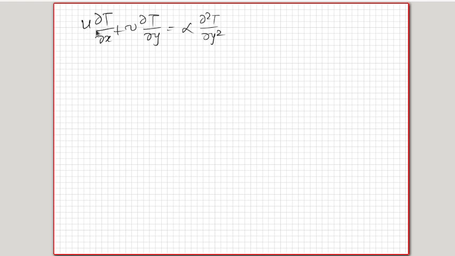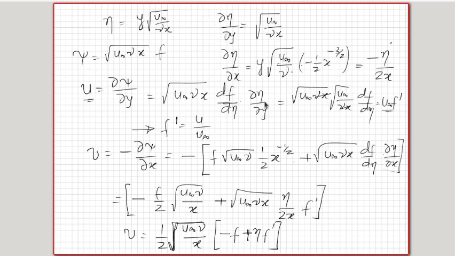So here I know u and v in terms of f, so I'll be able to write from this thing, u is u infinity f prime and v is half square root of u infinity nu by x multiplied by this. So they will be as they are.